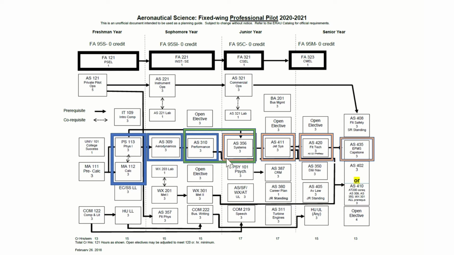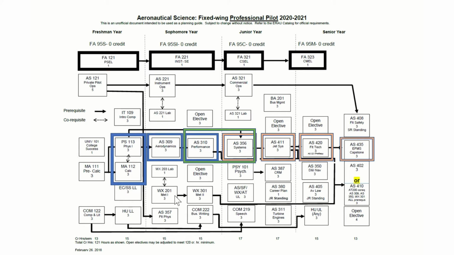Depending on whether it balances all your other classes, you could probably even move AS 356 with 309. That might be a little tough to do considering you might be taking AS 309 with your instrument ground course.